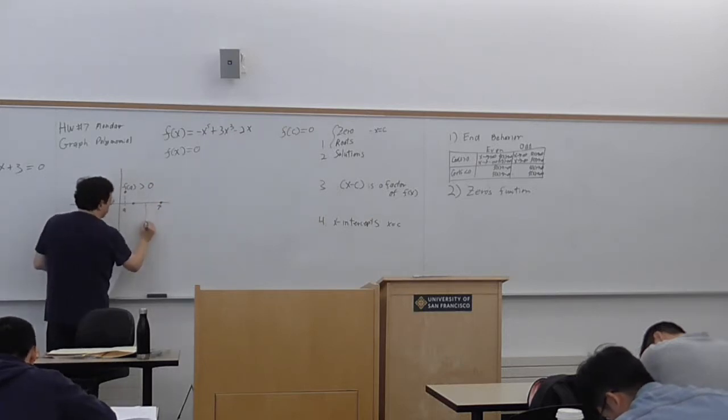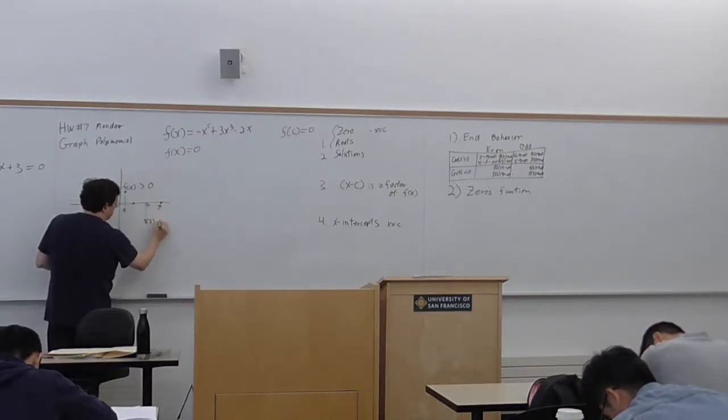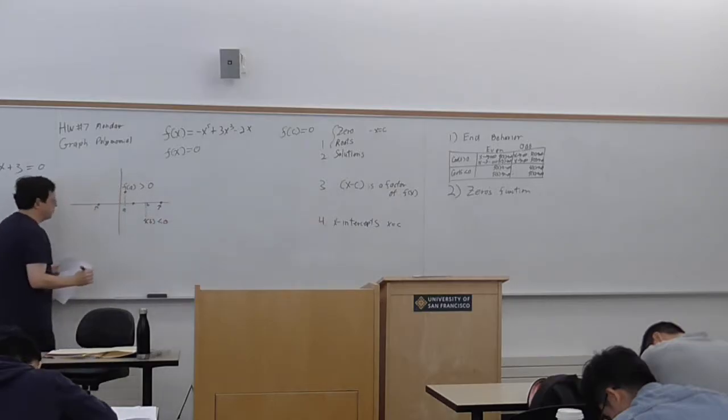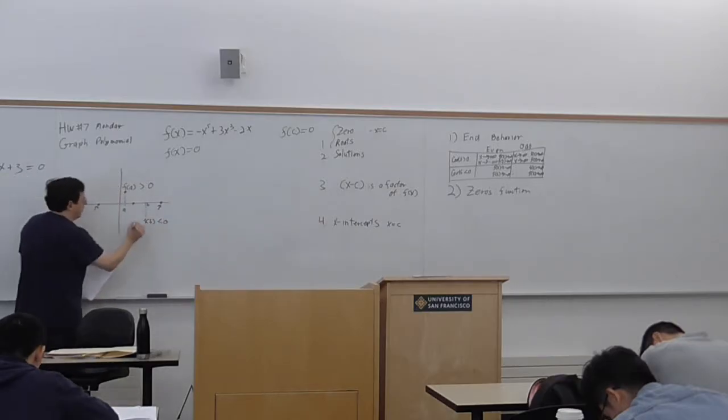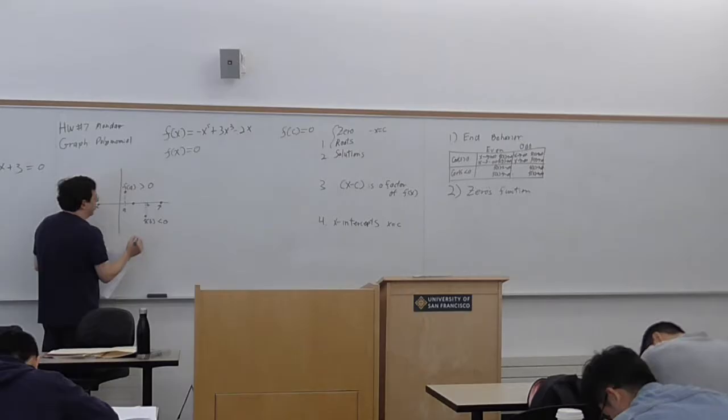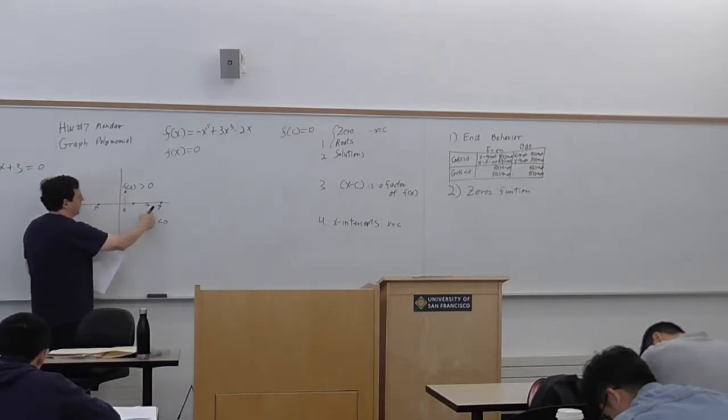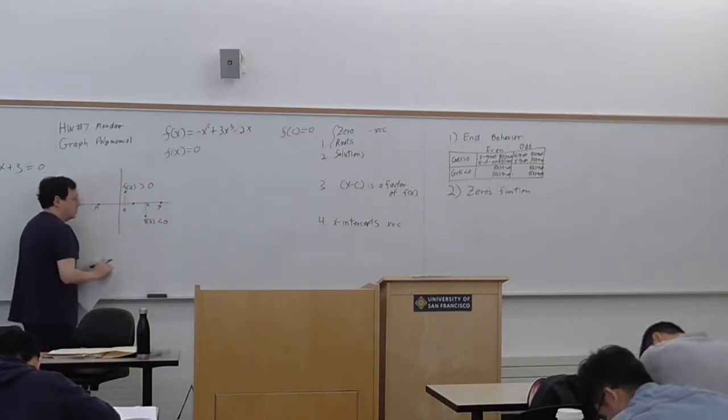I have another point, B, so it has the value f of B, that's less than 0. There's something we can say about what happens between f of A and f of B.